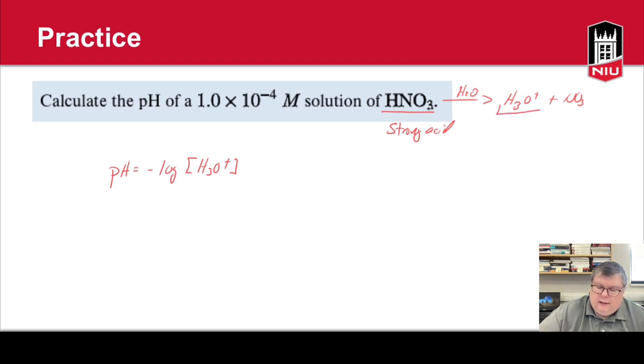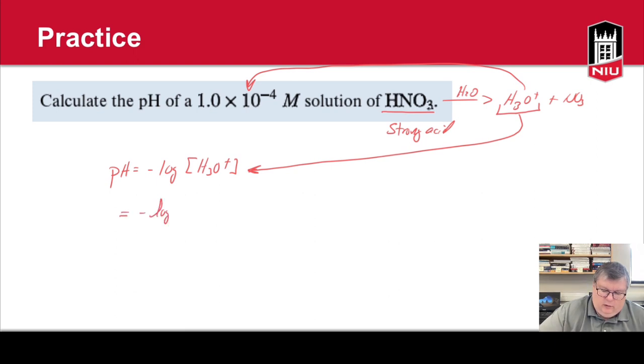So the concentration of the H3O+ is the same as the concentration of the HNO3, 1 times 10 to the minus 4. So this is equal to negative log of 1.0 times 10 to the minus 4 molar, which, when we do the math, is 4.00 pH units.